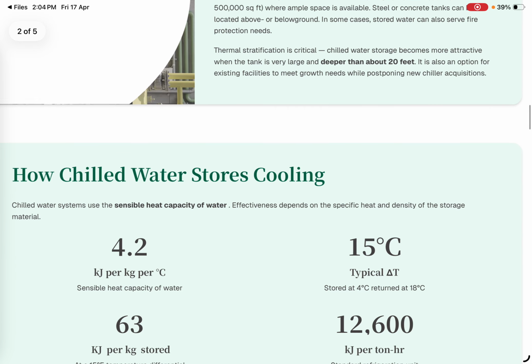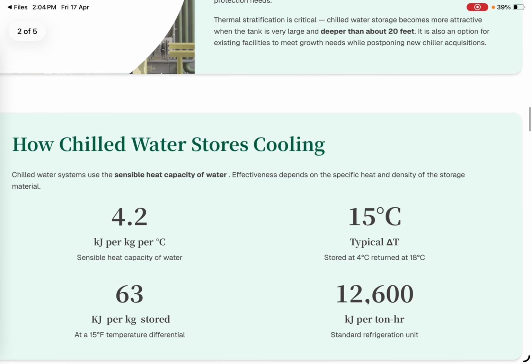As I already mentioned, 4.2 kilojoules is the capacity per kg per degree centigrade, and if you have an allowable delta T of 15 degree centigrade, that is, if you can store water at 4 degree centigrade and you can return it back at 18 or 19 degree centigrade, then typically delta T is 15 degree centigrade.